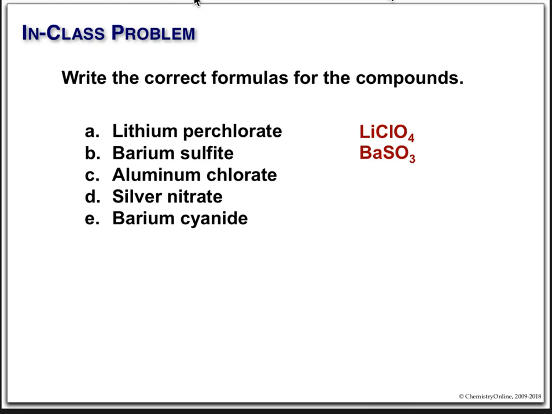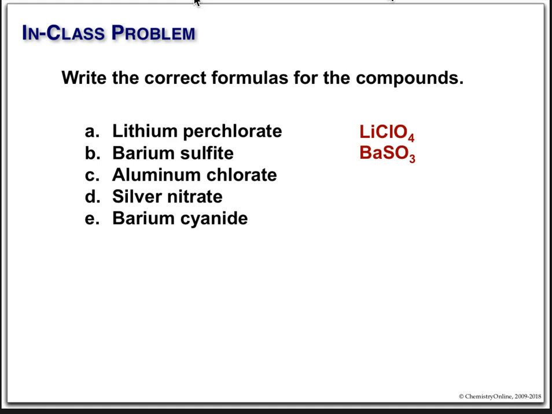Aluminum, we've seen aluminum many times, it's a +3, isn't it? The chlorine family, chlorate is the parent, it's a -1. Now to make this neutral, how many chlorates do we need? 3. We have a +3, we need 3 negatives, right? How do we write that?